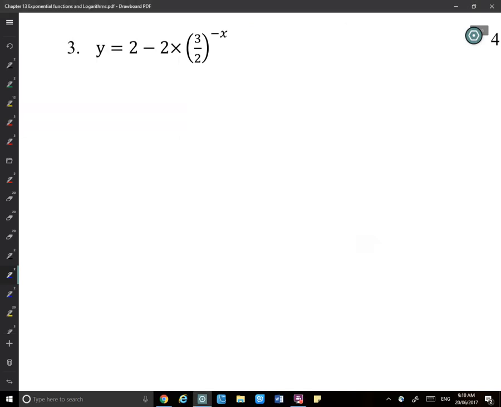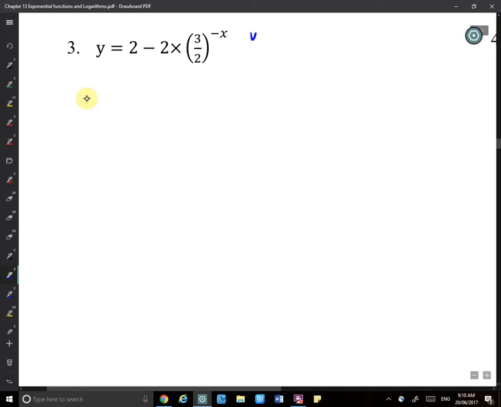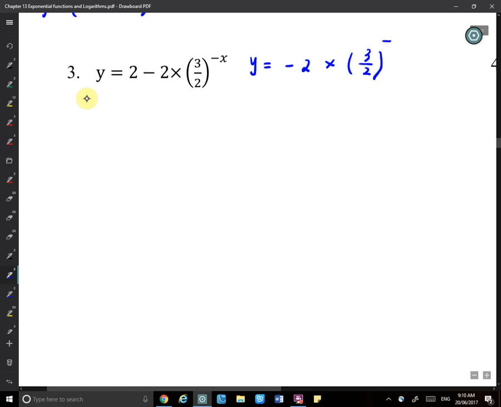Okay, example 3. First, the constant was added in the front, and that's why I confused some of you. I can write y equals -2 times 3/2 to the power of -x plus this 2 in the end. Therefore, your capital A is -2. Lowercase a is 3/2. K value will be -1. I'm not really interested in the B value, so never really investigate that.